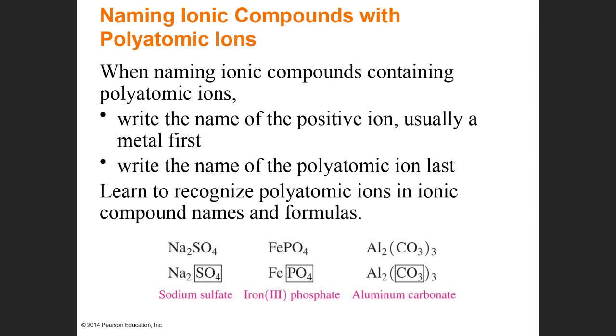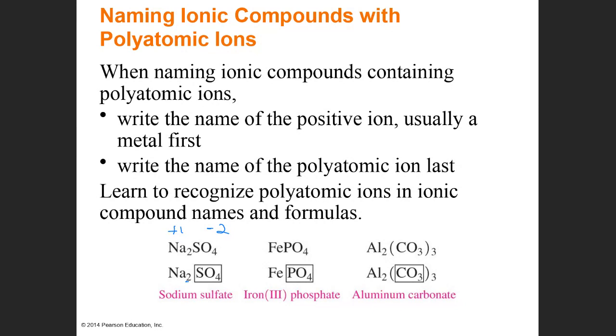Okay, so here's just another example. Sodium sulfate. So sodium is +1, sulfate is -2. I need 2 sodiums and 1 sulfate, but if you notice here, I didn't have to add an extra subscript on the sulfate, so I don't need parentheses here. It's just Na2SO4.